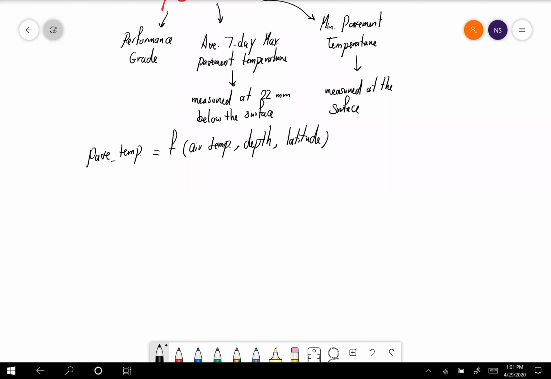Again, these are calculated by software. We have different climate regions in the US, and by entering the GPS location you want to design the pavement for, you should be able to calculate the maximum and minimum pavement temperature from the software.